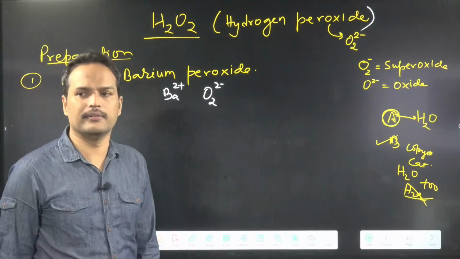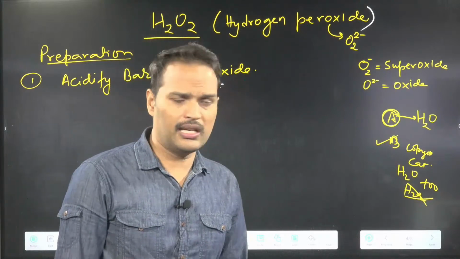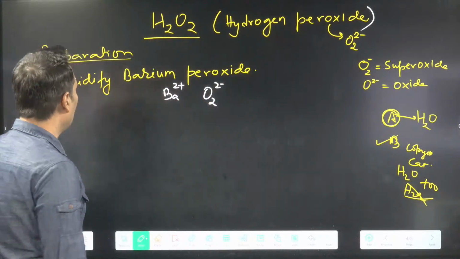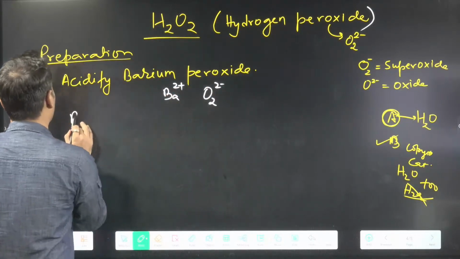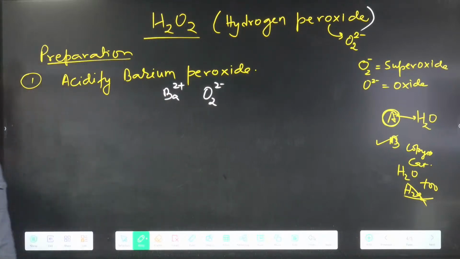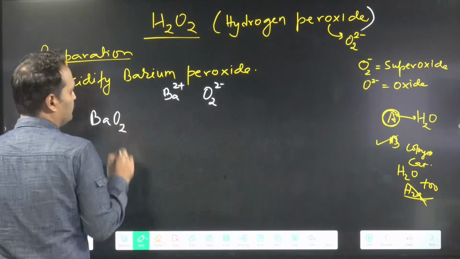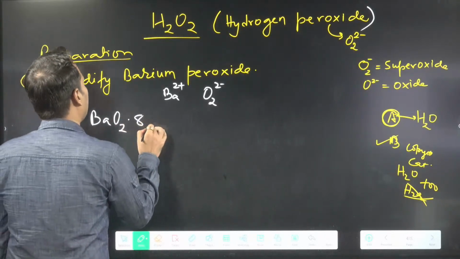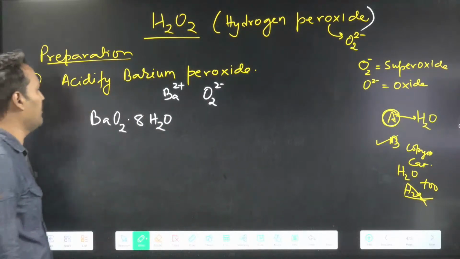The 2 cancels out, so the formula is BaO2. It is in hydrated form, so they are writing 8H2O. This is nothing else but barium peroxide.